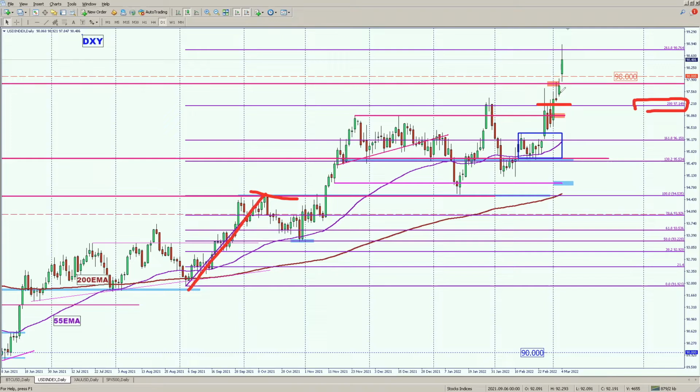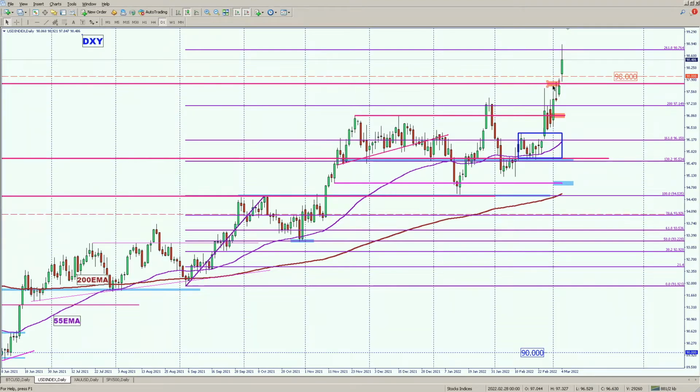And with a better than expected non-farm payroll jobs report, it was already on the way up, so it just added fuel to it, until it hit the 262. But now with this bit of wick here, there could be some retracement, pullback and consolidation for next week. We'll see if that's the case.